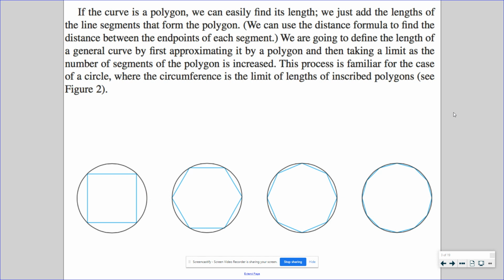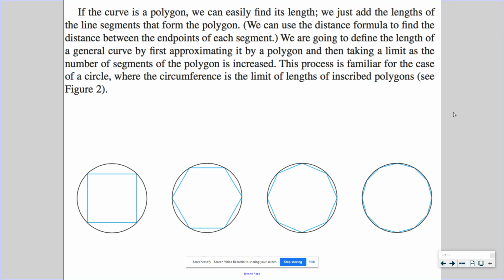So we're going to do that by first looking at an estimation trick. Let's say we have a shape that's round or curved, and mathematically we haven't yet established ways to find distance in a curve or a shape that's curved other than a circle.